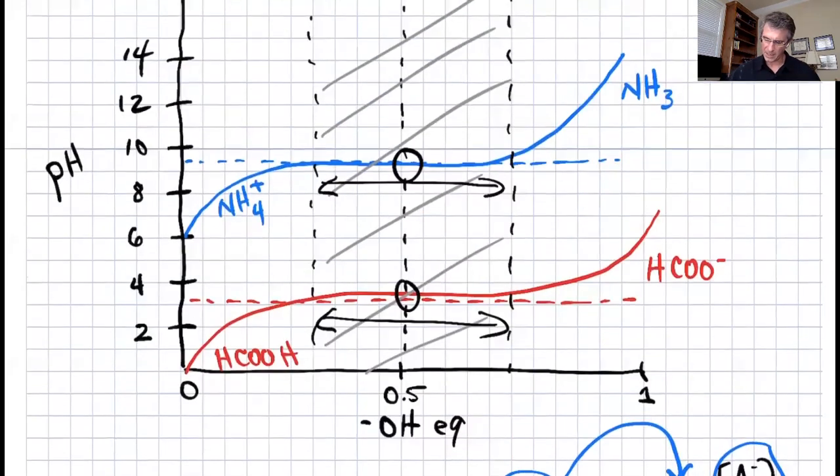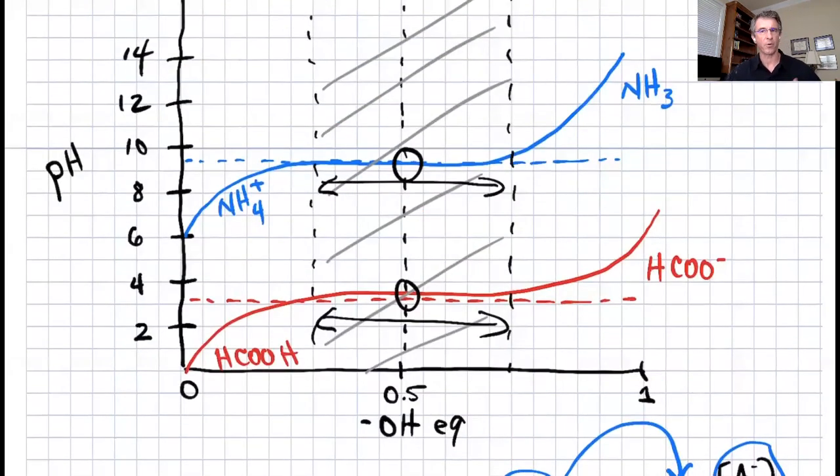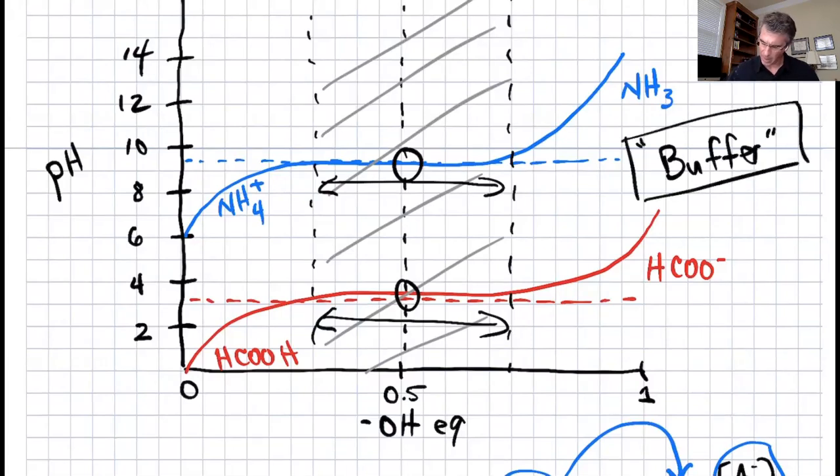This, of course, is the basis of something that is super important for living cells and biochemists as well, which is the idea of a buffer. Weak acids and weak bases serve as extremely effective pH buffers.